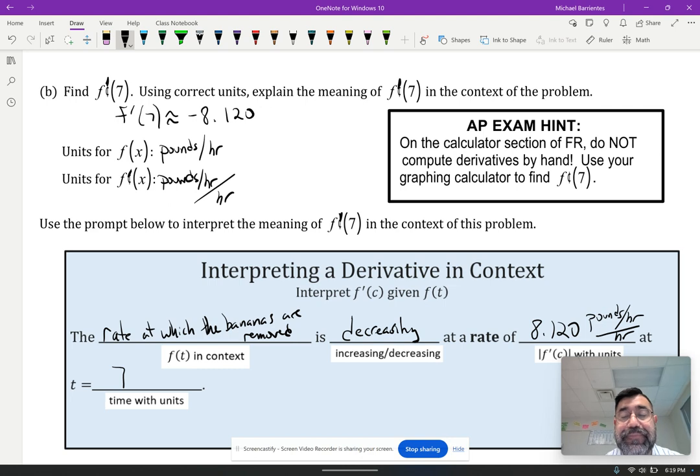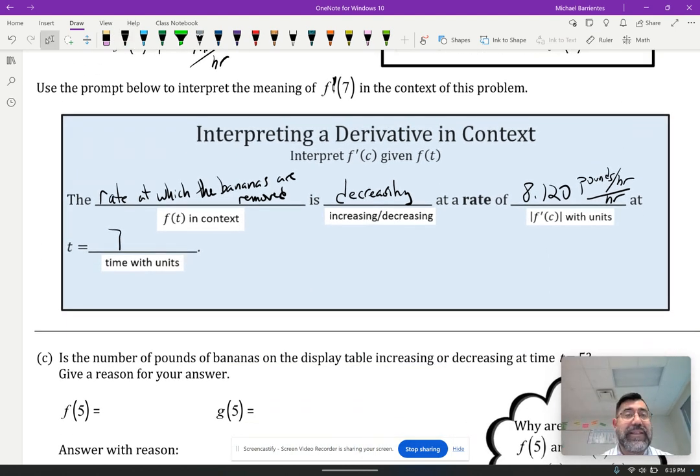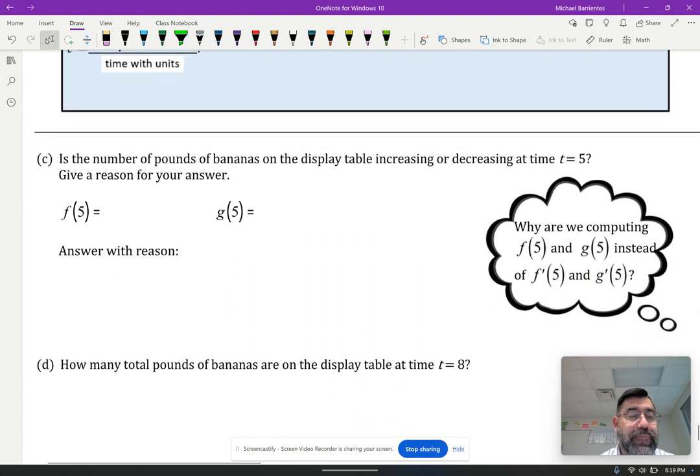At time 7. This is the sentence stem, if you will, that you would use to interpret the derivative. The rate at which the bananas are removed is decreasing at a rate of 8.120 pounds per hour at time 7. That's it. You are done.